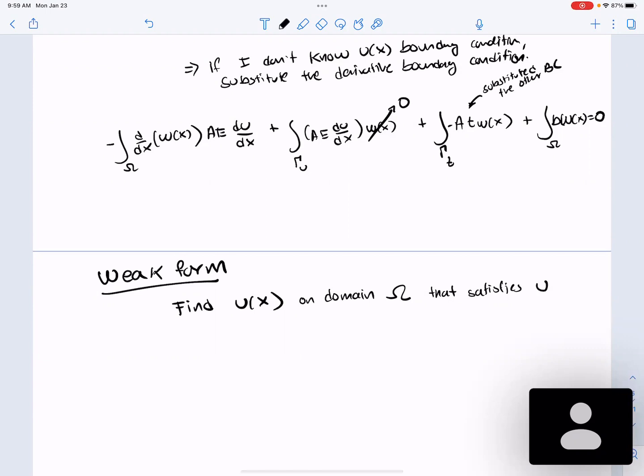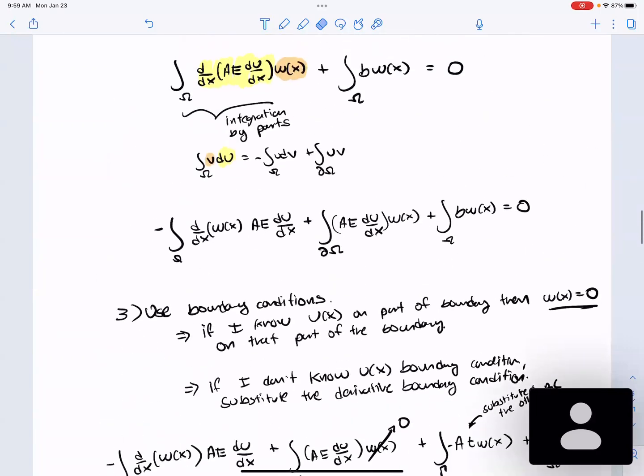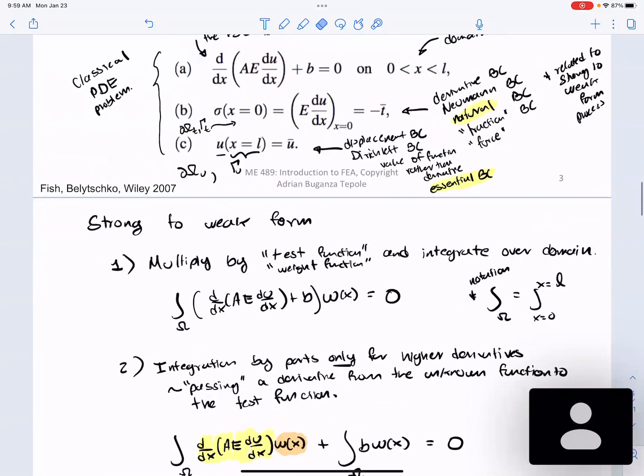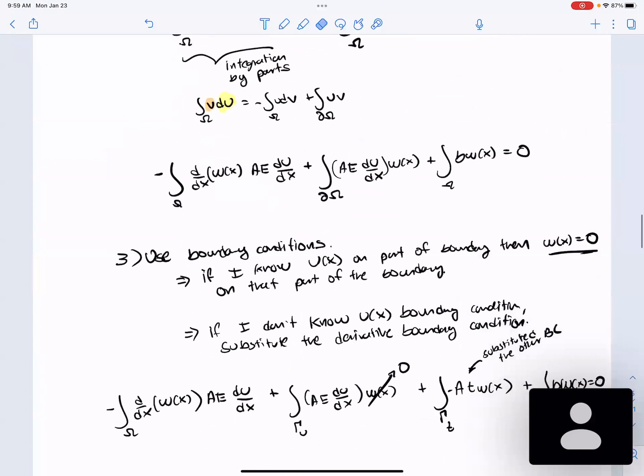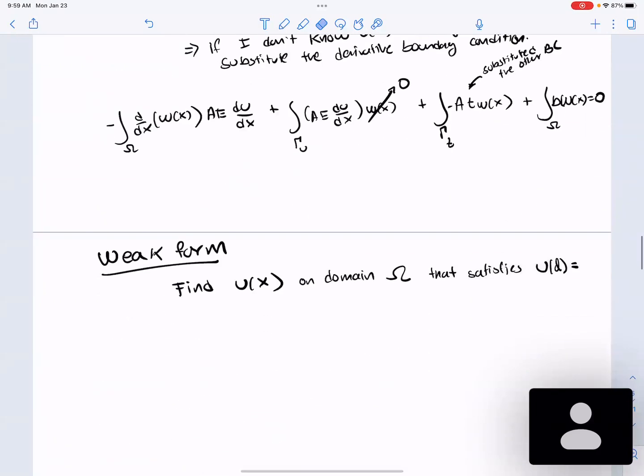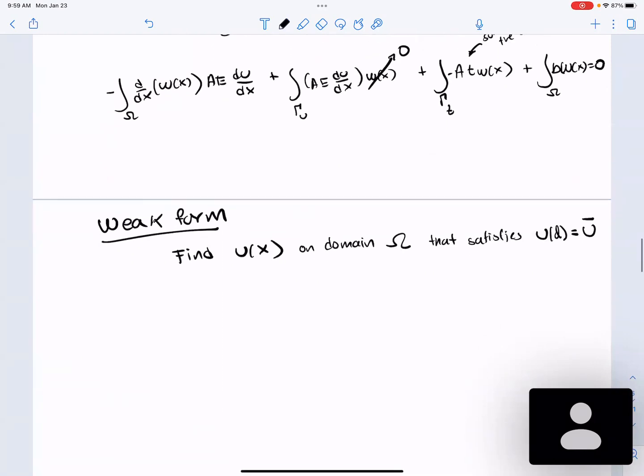So u of L equals U bar, the given value. I forgot what the value was, but U of L equals U bar. So find U of X on the domain omega that satisfies that boundary condition.